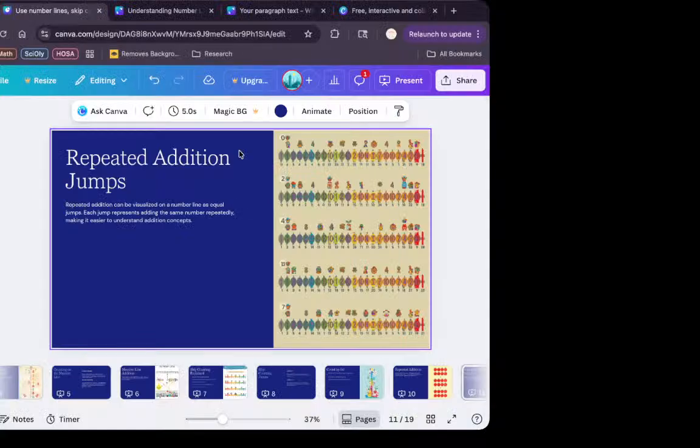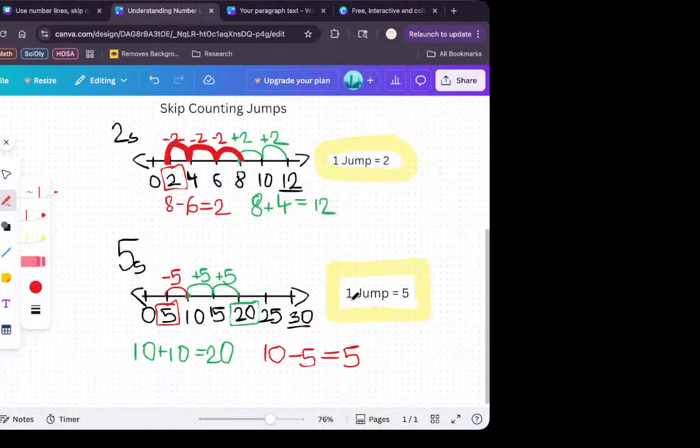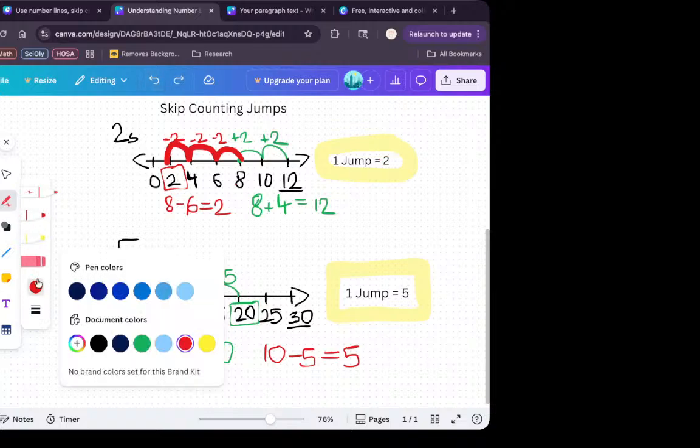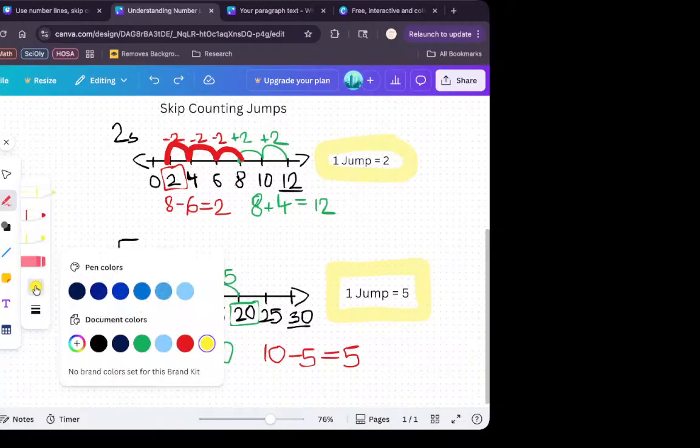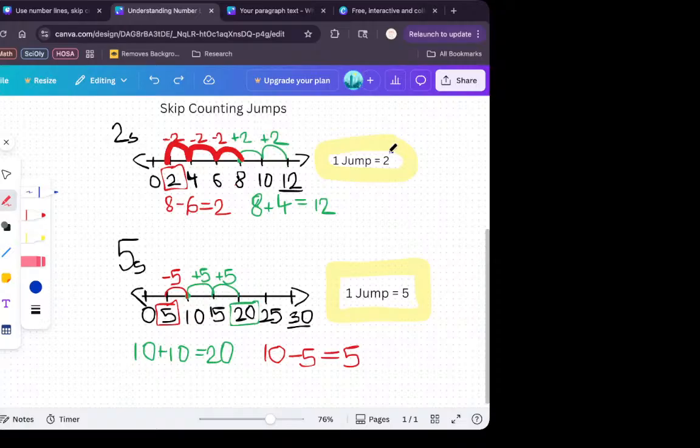So just like how we recognized our pattern here, one jump is equal to 5, one jump is equal to 2, this number that we put one jump is equal to, that is the repeated addition pattern.